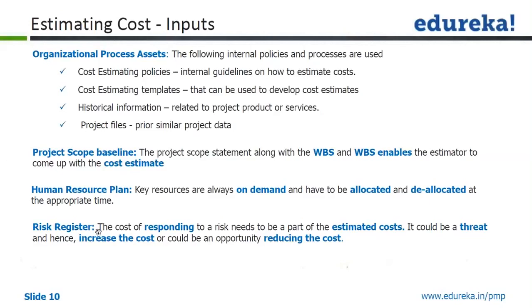If you have a response plan, activity based or work package based, the cost will get added to those individual activities. So when you estimate cost for the activity, the risk response plan related activity cost will get added and it will increase essentially.